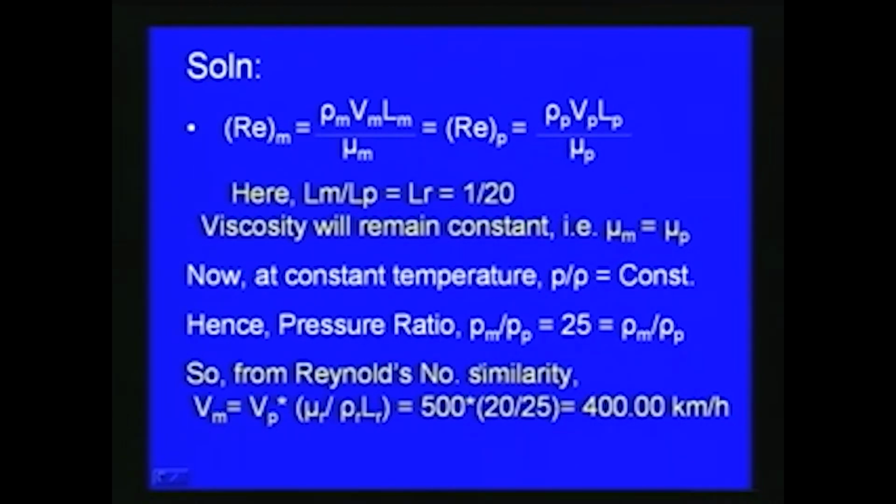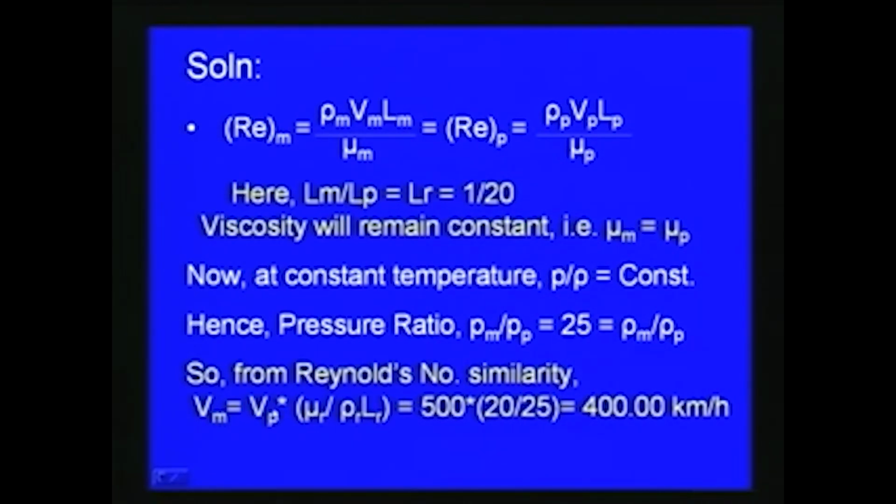So, now from the Reynolds number similarity, we have already seen that Vm can be represented as Vm is equal to Vp into mu r by rho r Lr. So, this gives the velocity of air in the model. So, Vp is the velocity of the prototype. So, mu r is the viscosity scale ratio, rho r is the density scale ratio, Lr is the length scale ratio.